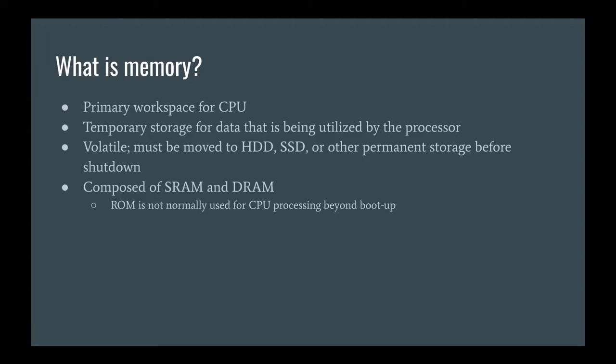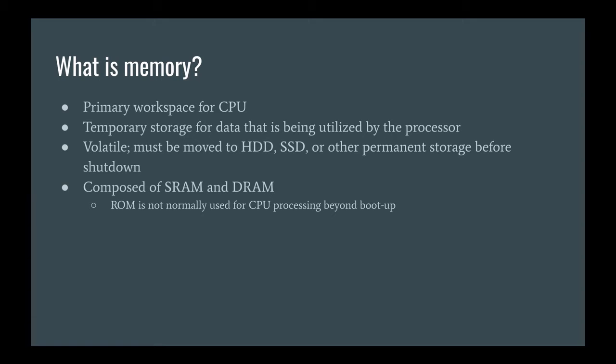So data is taken from the memory to the CPU, processed, and data is sent back to memory, and then when you save a file, it's copied from memory to your hard drive. So it is volatile, meaning once you lose power, all of that data that's in the memory is gone.